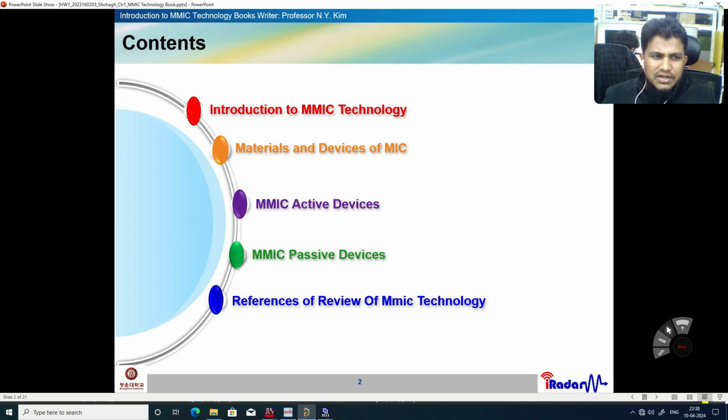In this chapter I will discuss some materials used for MMIC technology, and then MMIC active devices, that is, what active devices we are using in MMIC technology, and then some passive components of MMIC technology. Lastly, I include some references where I collected this data, and also references from these books.